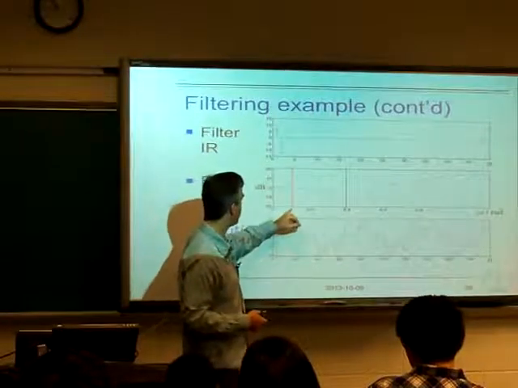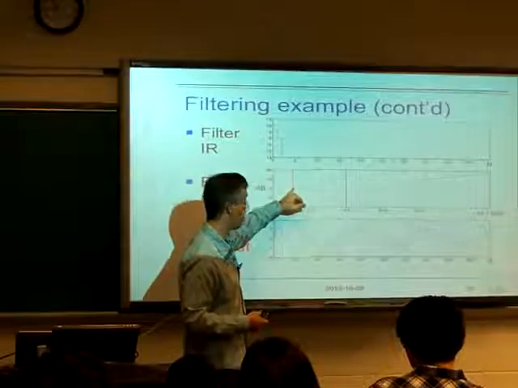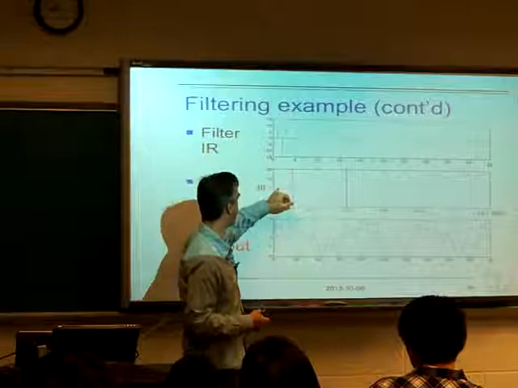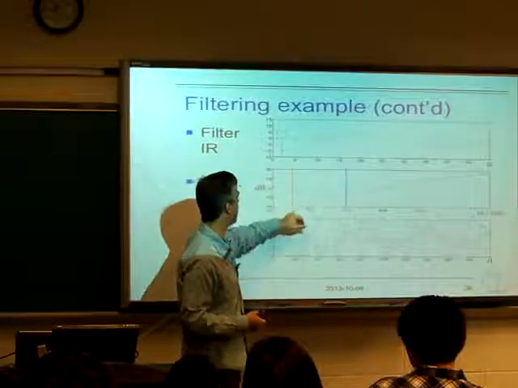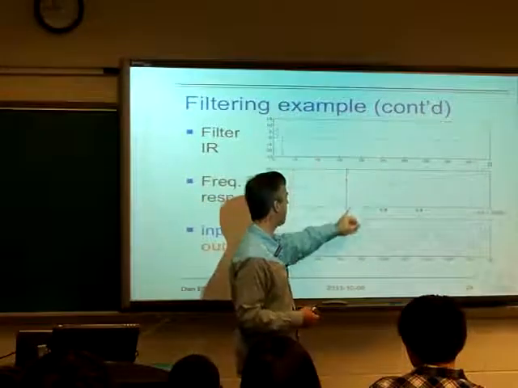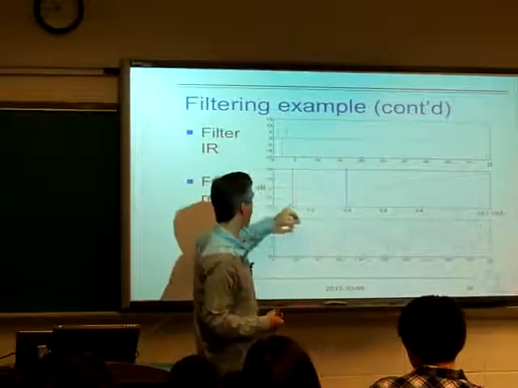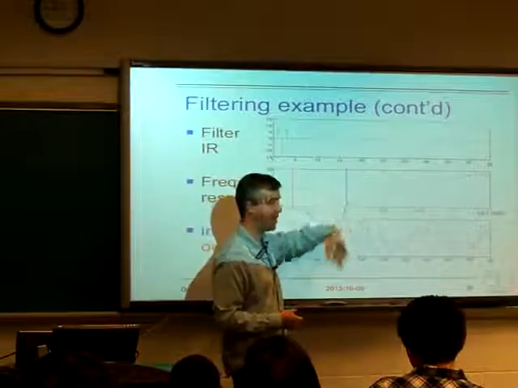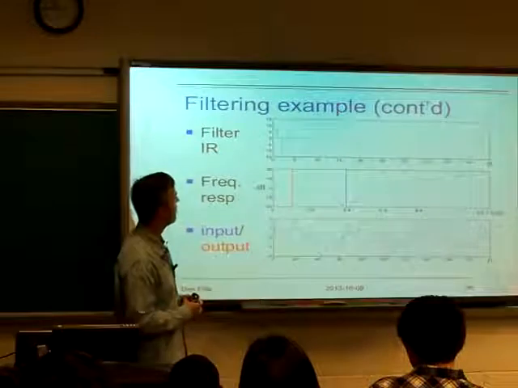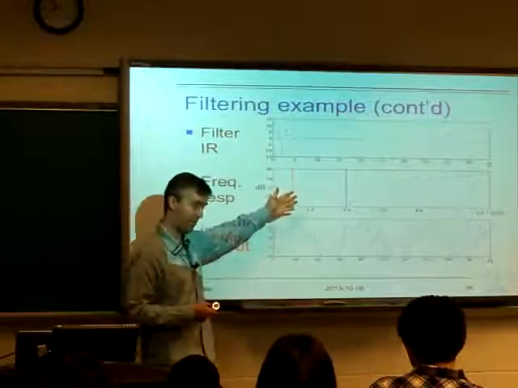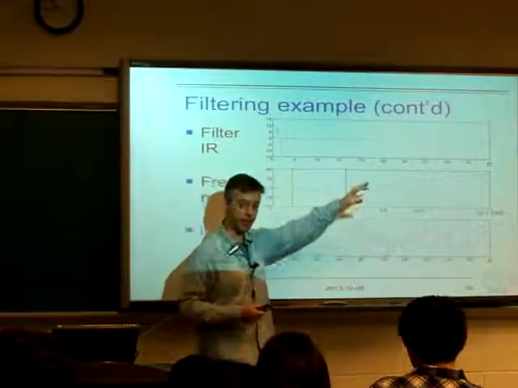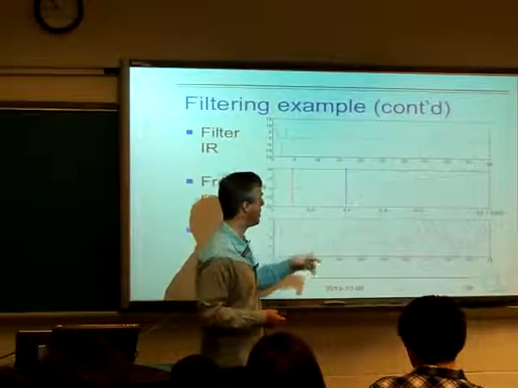What we were trying to get to was a gain of 1 here, which you can't quite see, but that's where the gain is slightly larger than 1 at DC. At 0.1 radians per sample, it's exactly 1. And then we wanted a gain of 0 at 0.4 radians per sample. This is in decibels, so that's negative infinity decibels, and you can see it going down to a big negative asymptote there. So the frequency response did what we want at these two frequencies, and of course it takes on other values in between.